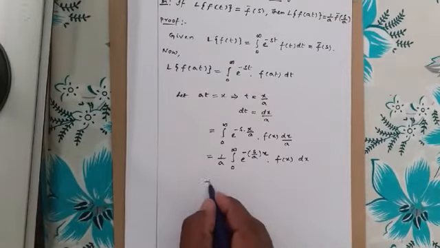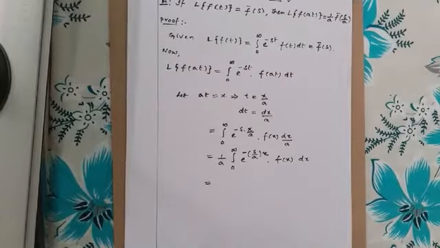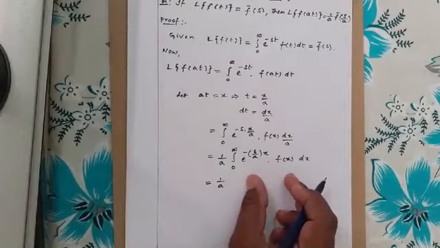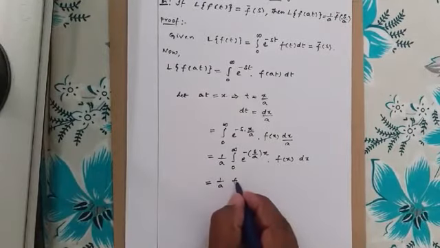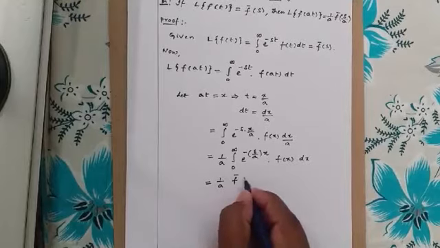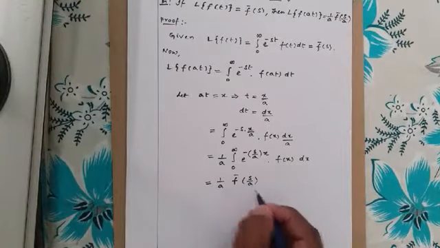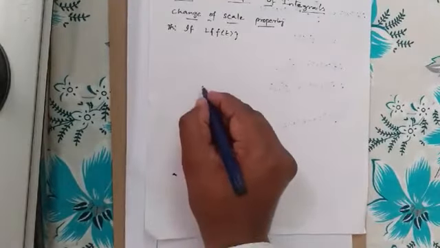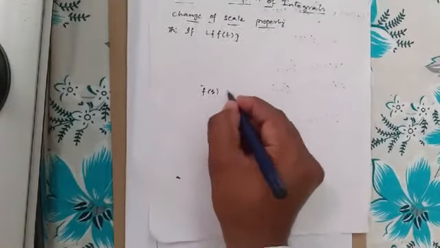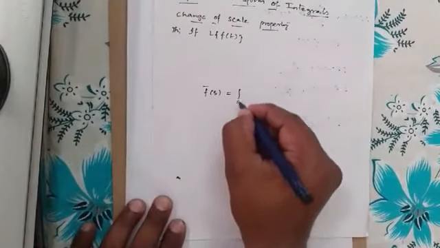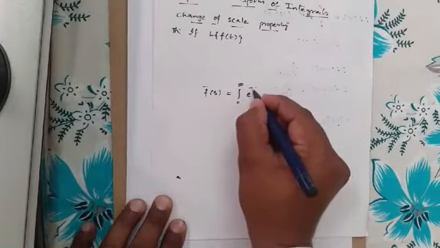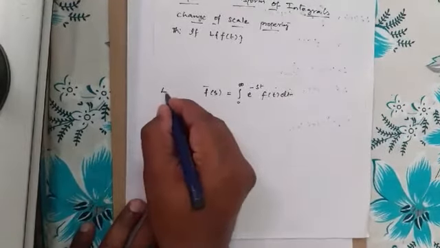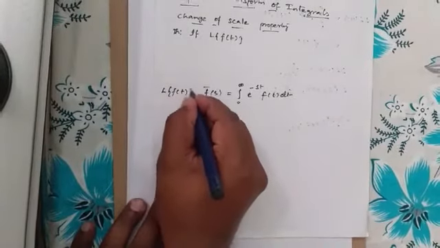So this is equal to 1 upon a. Now this is in the form of f bar s by a. As you know, f bar s is equal to integral 0 to infinity e power minus st f of t dt. This is also Laplace of f of t, which is equal to f bar s.